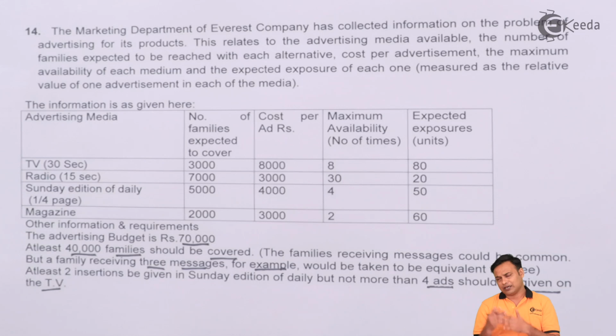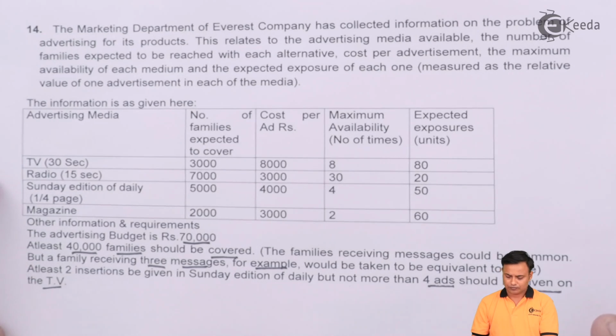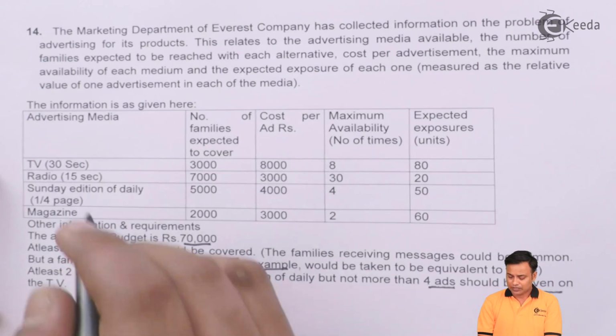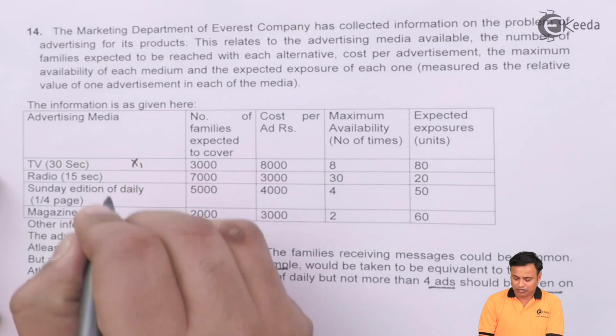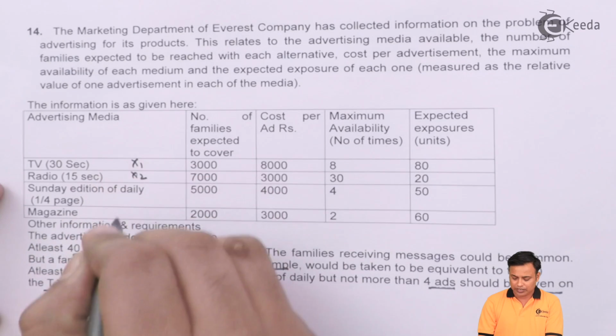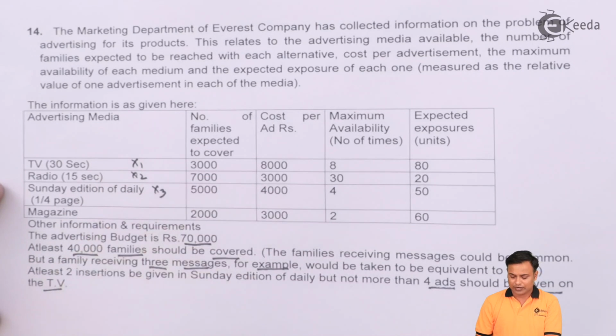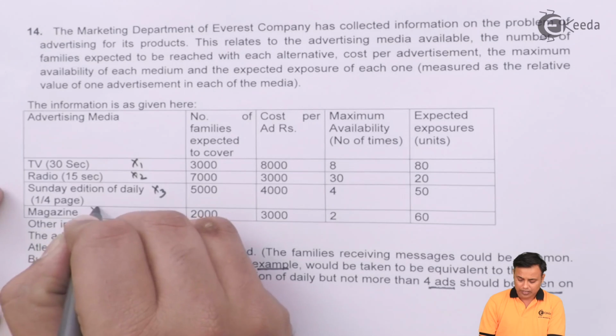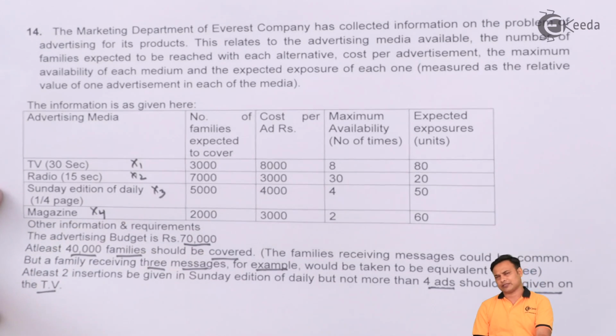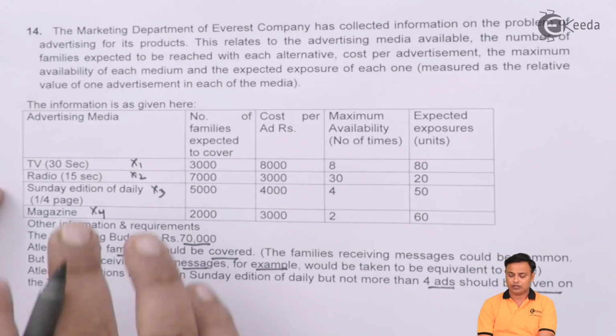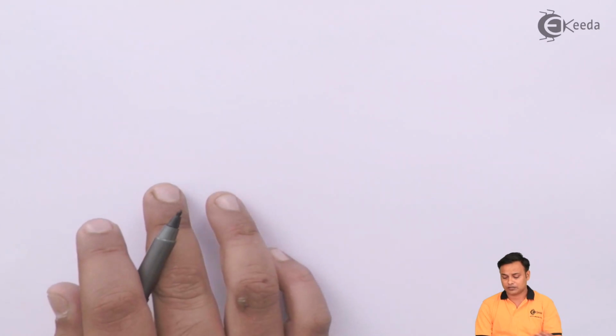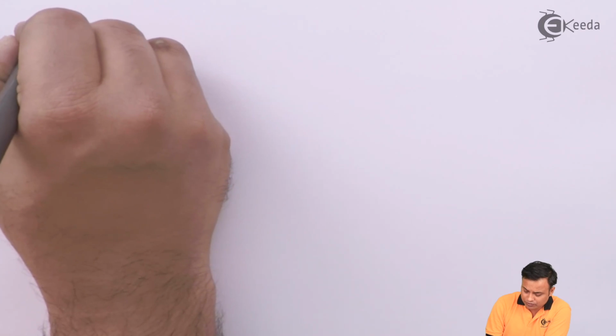How will that be done? Let's see. We'll first make the assumption that X1 advertisements are placed on the TV, X2 advertisements on the radio, X3 advertisements on the daily newspaper, and X4 advertisements in the magazines. That will be our first basic assumption. Here is my assumption.